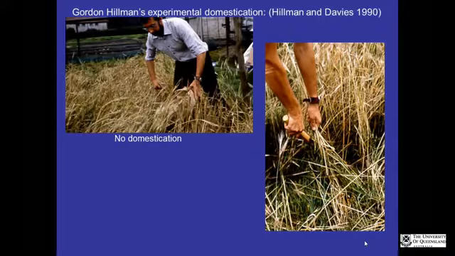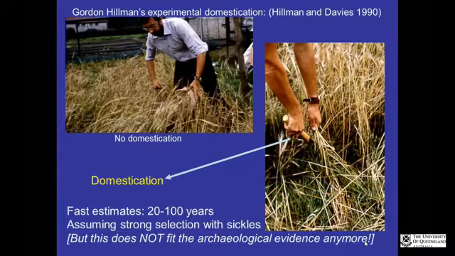And so he did these experiments and then looked at, in this control population, whether he could get some mutant types in wild einkorn that were non-shattering. And he did get a few, and so from those few, he was able to calculate how long it would take if you were sickle harvesting and then sowing from that to domesticate a population of wild einkorn. And he came up with an estimate of 20 to 100 years. So this is where this estimate comes from.